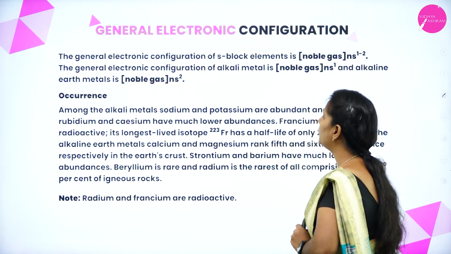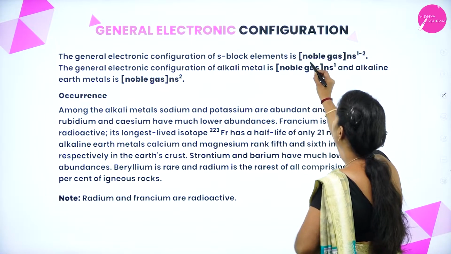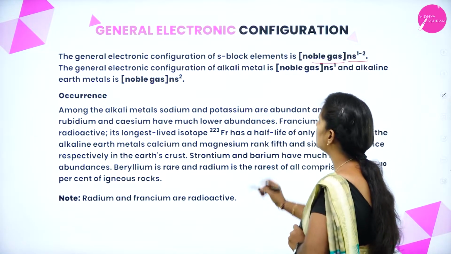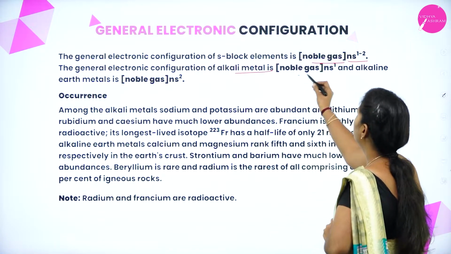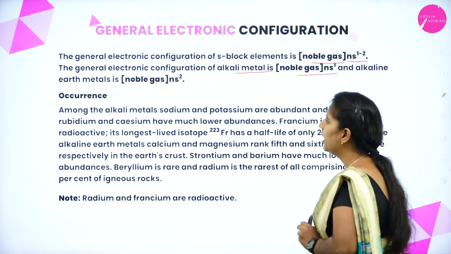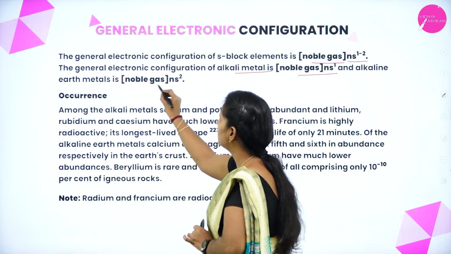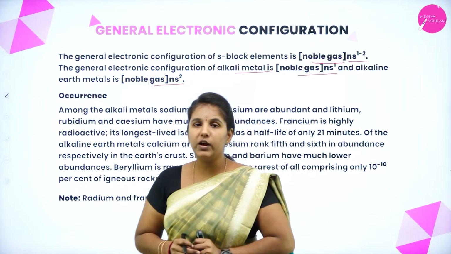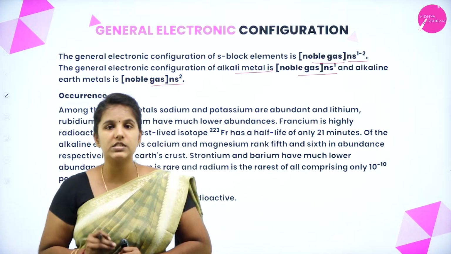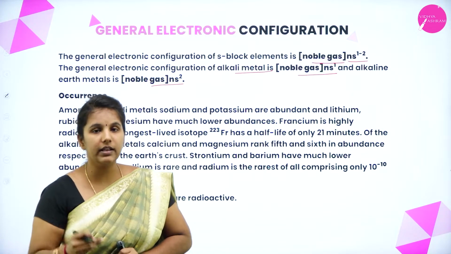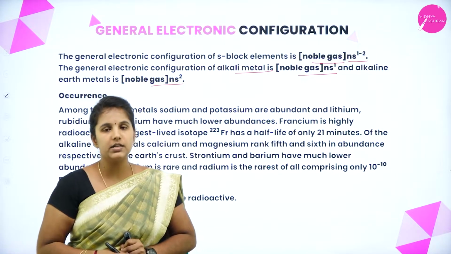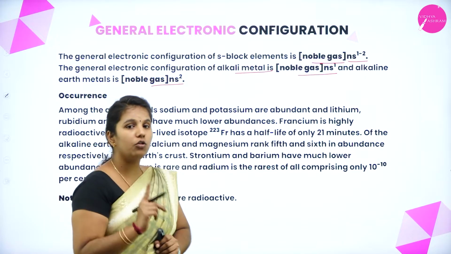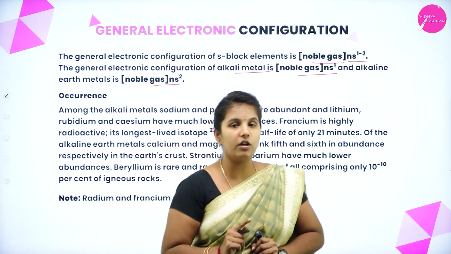The general electronic configuration of S-block elements is noble gas ns1 to 2. For alkali metals it is noble gas ns1, and for alkaline earth metals it is noble gas ns2. This indicates that group 1 elements have a +1 oxidation state, whereas group 2 elements show a +2 oxidation state. In group 1 the oxidation state is +1 because in the outermost shell only one electron is present.